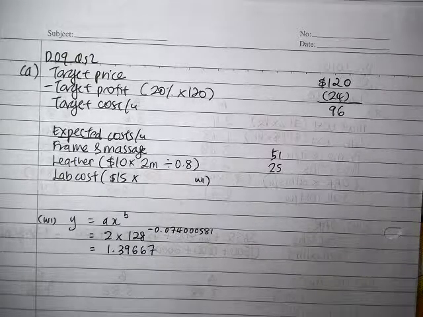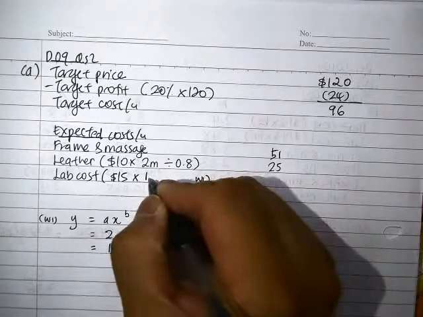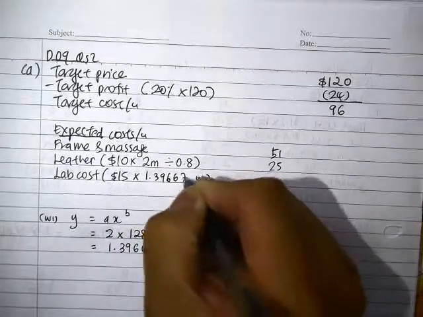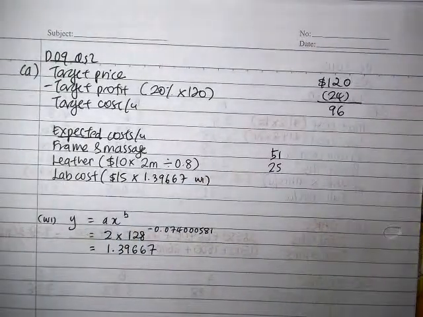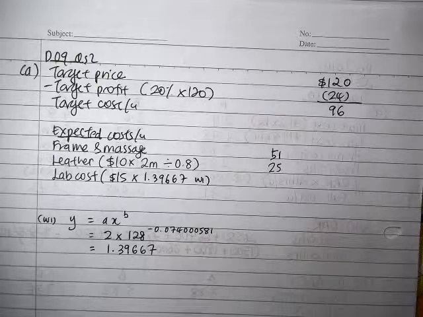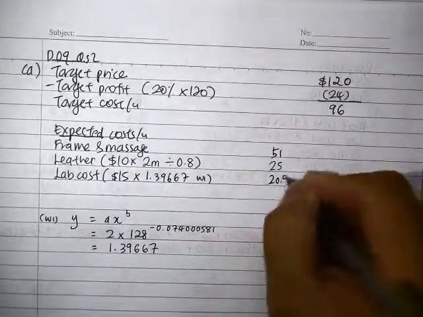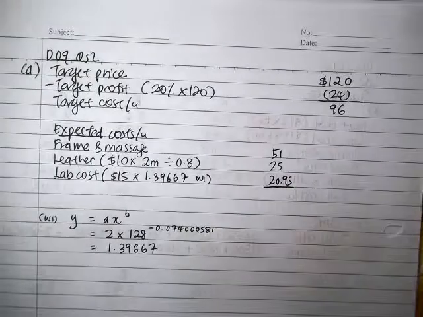Okay, so if your rate is 1.39667, then multiply by 15, it comes to about 20.95. Okay, 20.95, or you can round to 21.